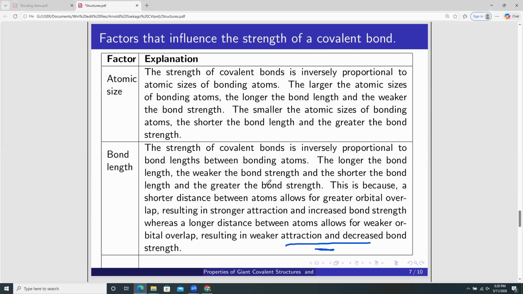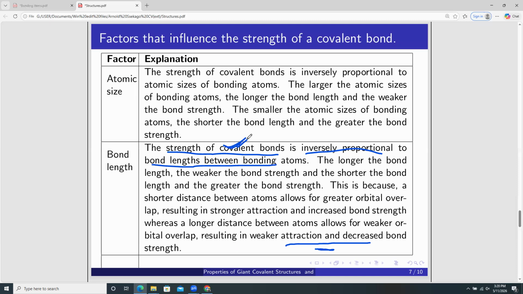So what are we saying here? The strength of a covalent bond is inversely proportional to the bond length between bonding atoms. Greater strength should be for smaller length.